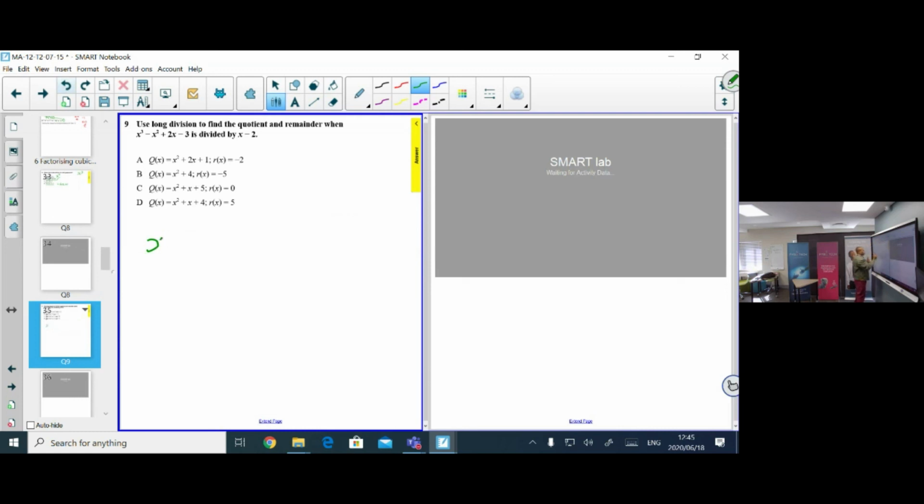Let's start again: x minus 2 into x cubed minus x squared plus 2x minus 3.